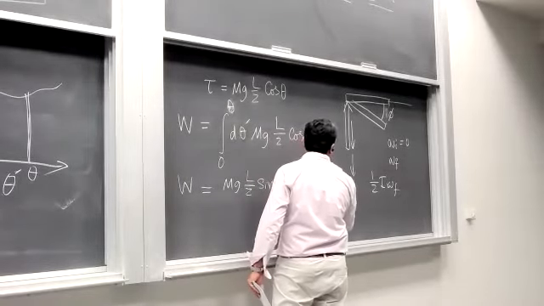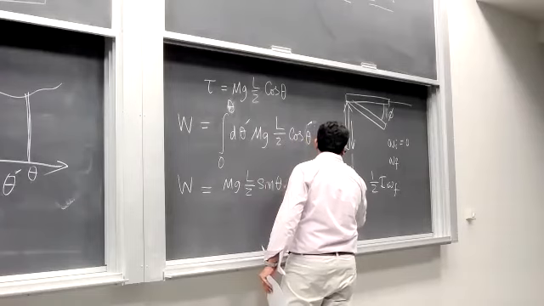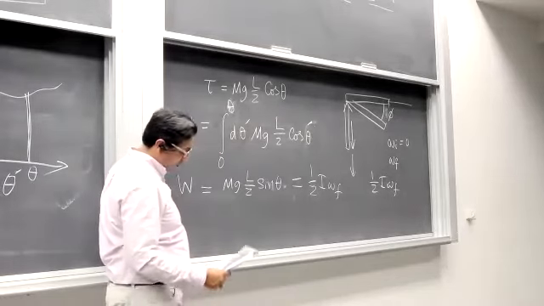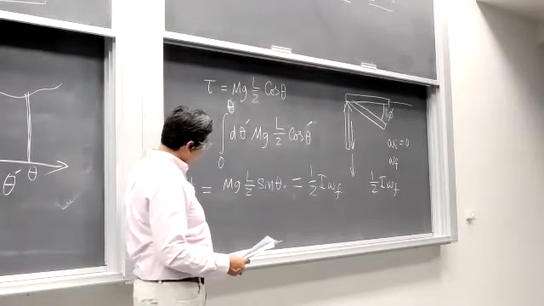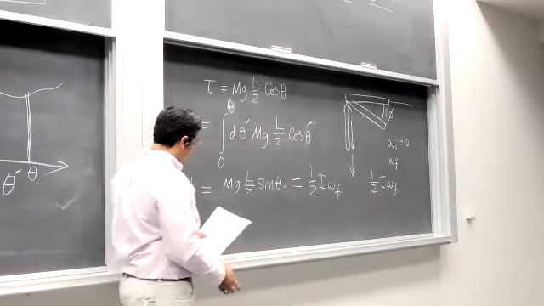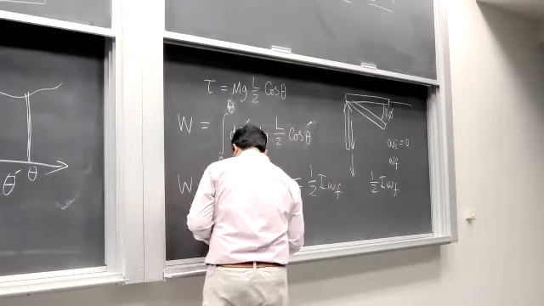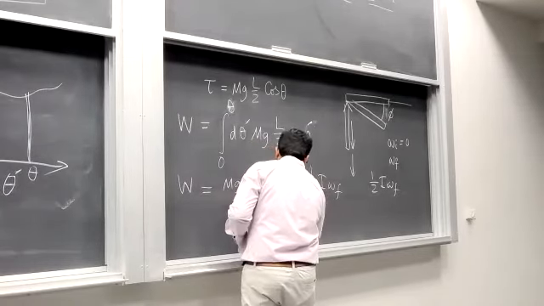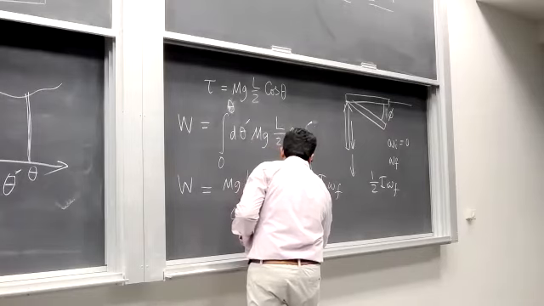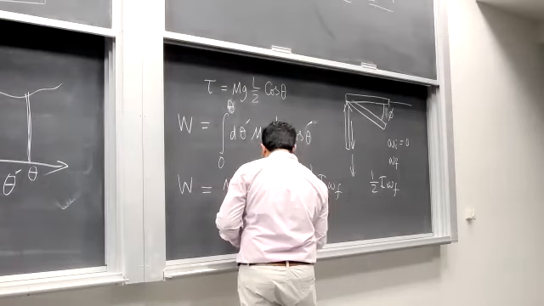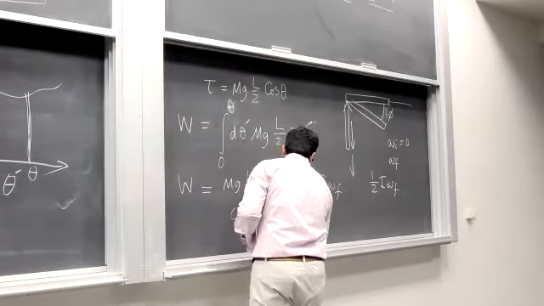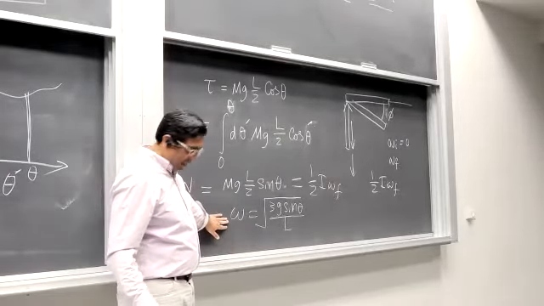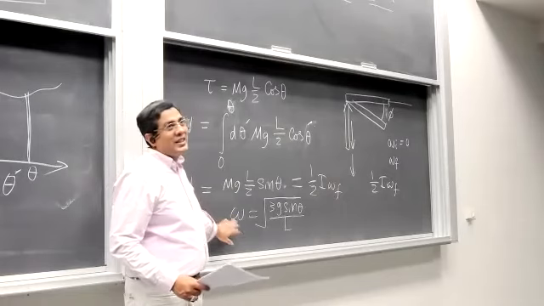So if you equate these two, this and that expression over there, and then solve it for omega, what do you get? 3g sine theta over L. This is omega. So we are able to get omega, and if you further solve, you would be able to get theta as well.